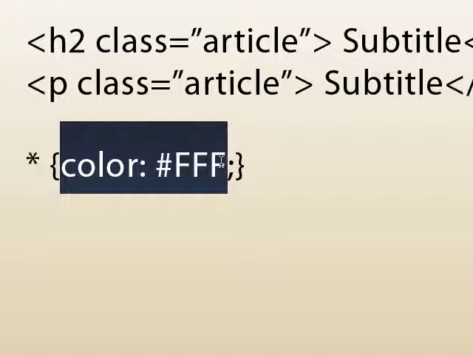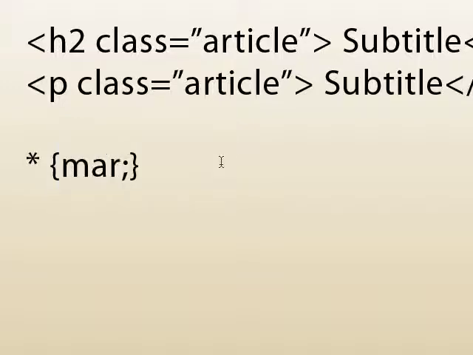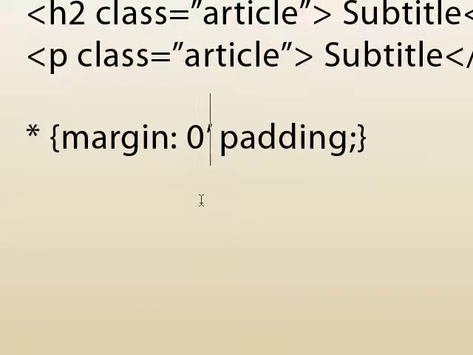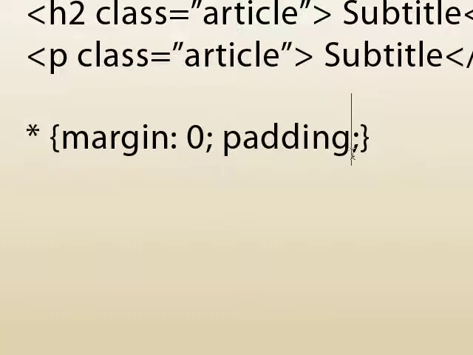For example, the margins and the padding are always set, and in every browser they're just a little bit different. So I like to style my margins and my paddings universally, using this universal selector. Whoops, I need a semicolon there.